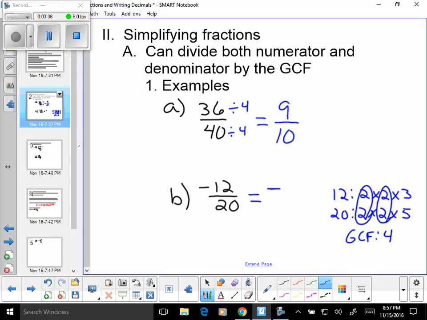But it's a lot faster and easier if you go back to your basic math facts. So this is going to be -3/5. Now again, it would be just as reasonable to put the negative sign even with the fraction bar, or have it in the denominator. Most of the time, like I said, we have a tendency to bring it up to the numerator.